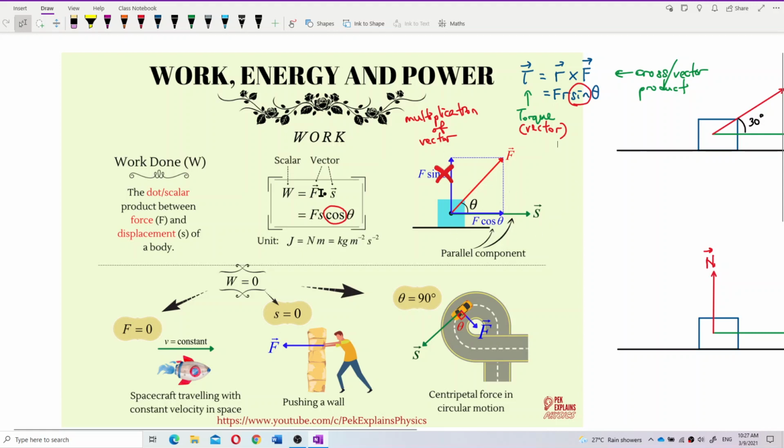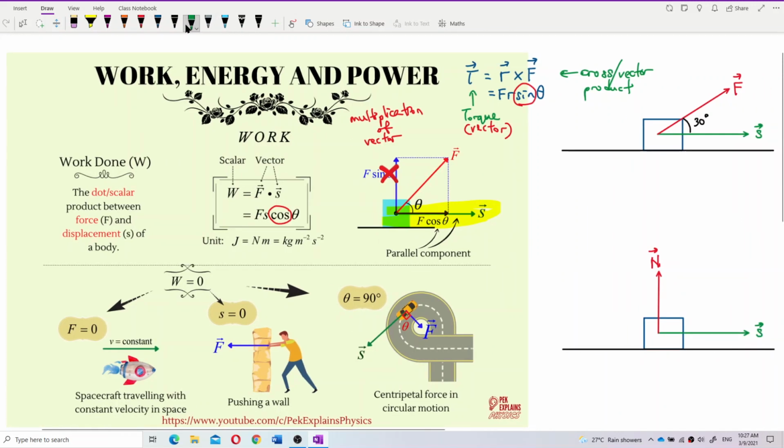To calculate the work done, we throw away the F sin theta and only use F cos theta, the component parallel to displacement, multiplied by the displacement. So we are only using this part. You see that? Look at here.